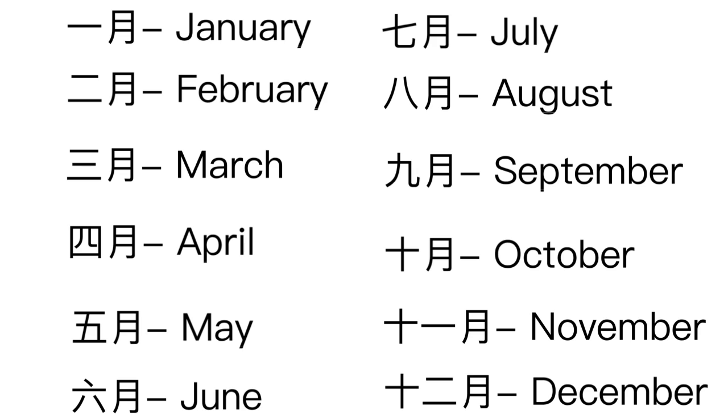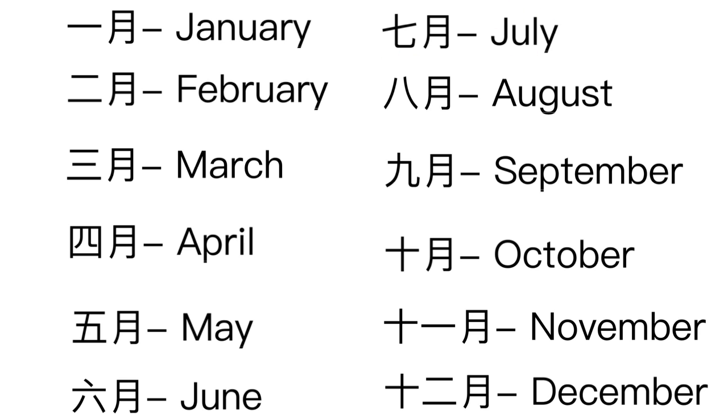I'll be reading the rest of the Chinese words for each month. Let's go with March: 3月. April is 4月. May is 5月. June is 6月. July is 7月.